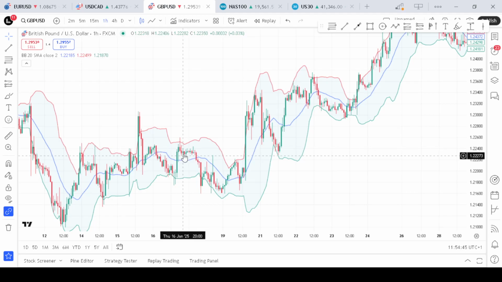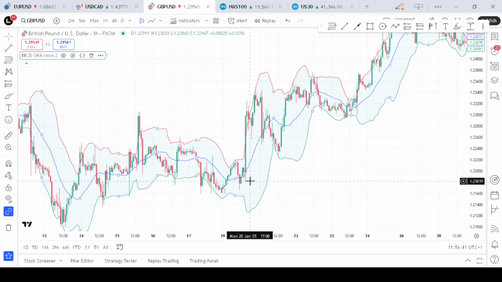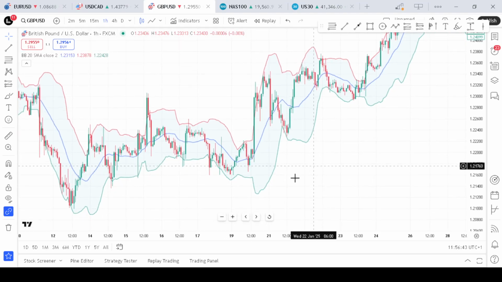This modification allows the band to adapt more precisely to the market movement, potentially offering more accurate signals.